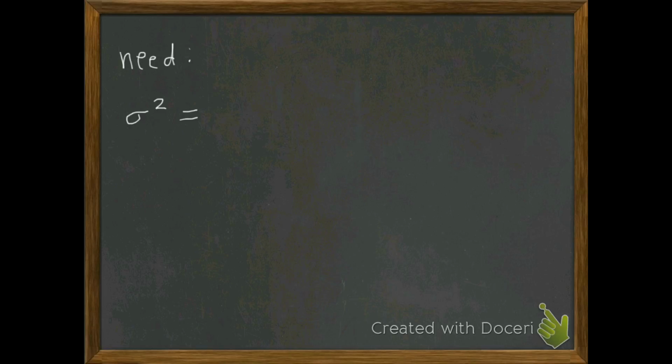We're going to need the mean of x squared, and then the sum of our x sub i's minus x bar squared, so the deviations of the x values from the mean quantity squared. Now we may need some other stuff too, but I think if we get these three values, we're going to be in pretty good shape.